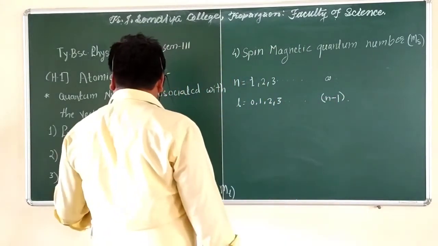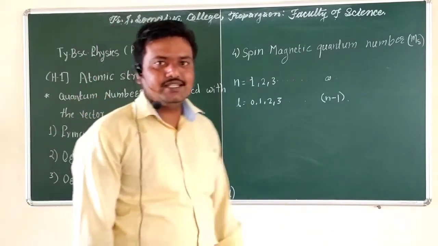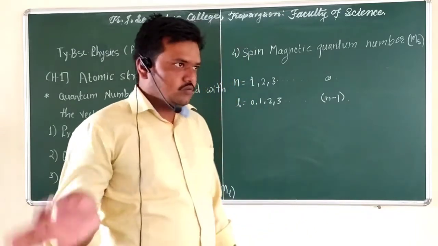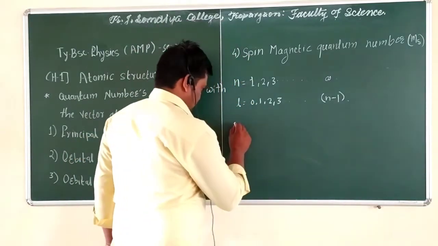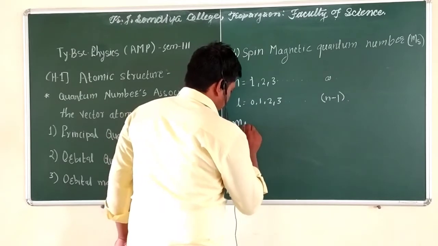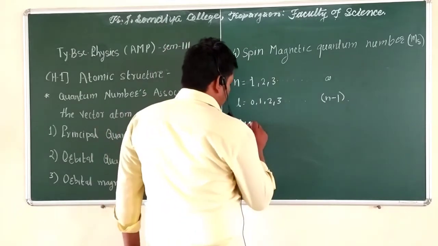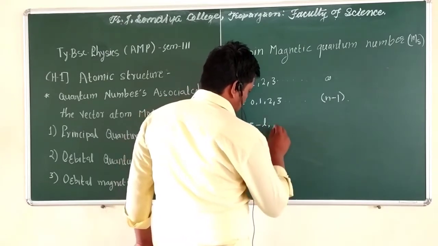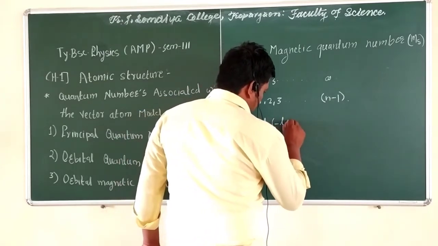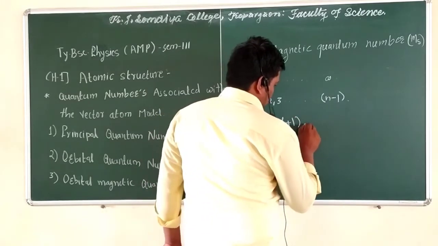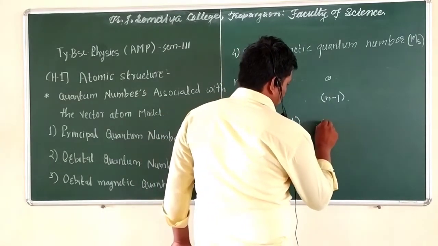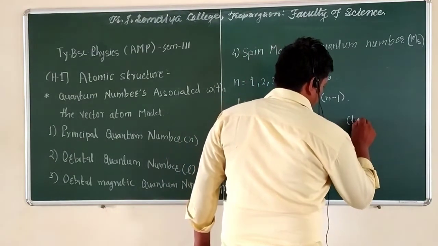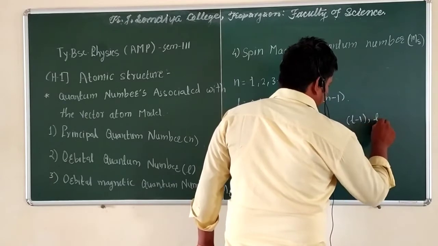The value of the orbital magnetic quantum number, denoted by m suffix l, is given as minus l, minus l plus 1, up to 0, up to l minus 1 and l.